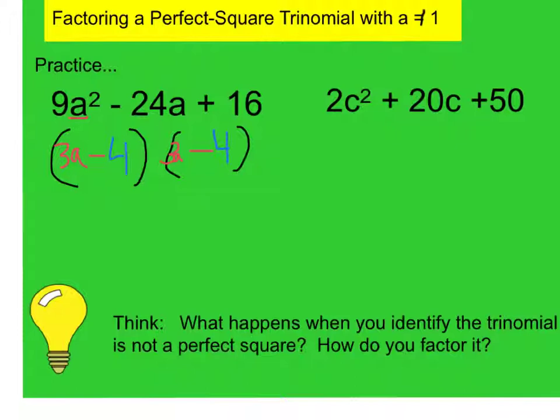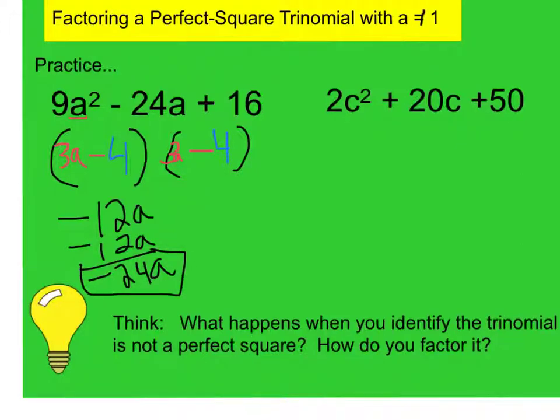Remember, our middle step was to check that middle term, and the way you do it is you multiply these a and b together. So negative 4 multiplied to 3a is negative 12a. And if I double that, because there's two middles, I double it by adding it to itself, I get negative 24a.